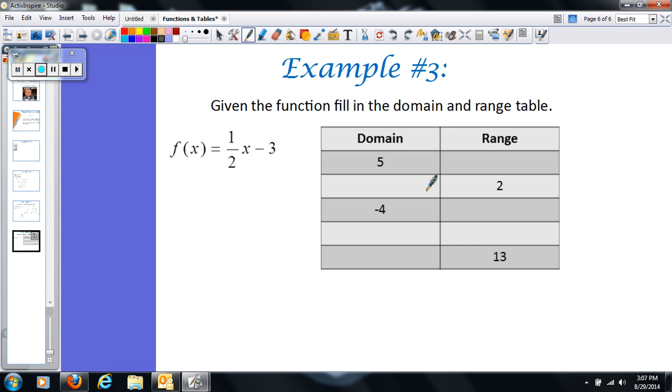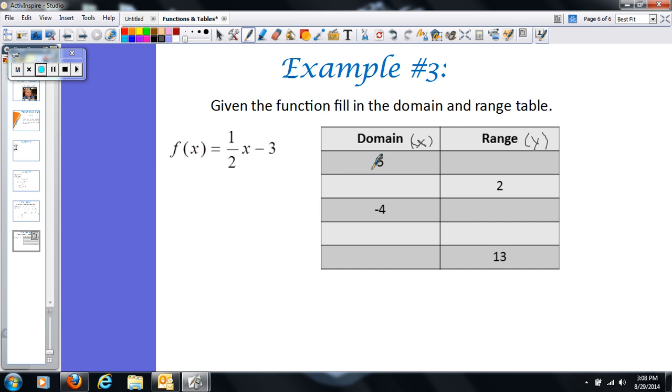So we have f of x equals 1/2 x minus 3. Okay? And I'm telling you that for this first box, the domain is 5. So the domain, again, is our x value. It's our input. Our range is our y value, or our output.